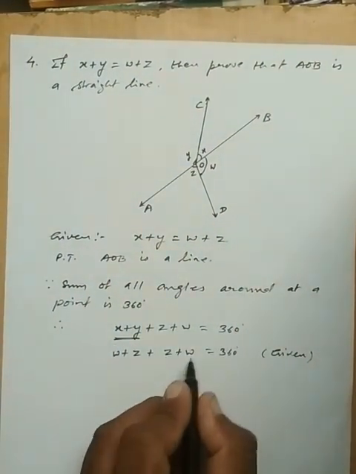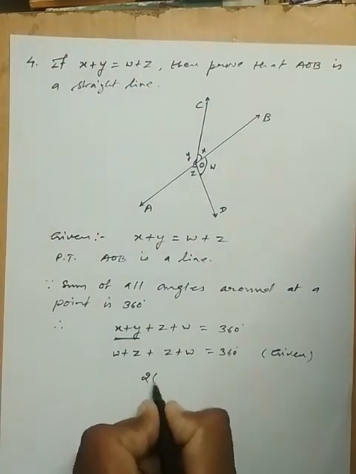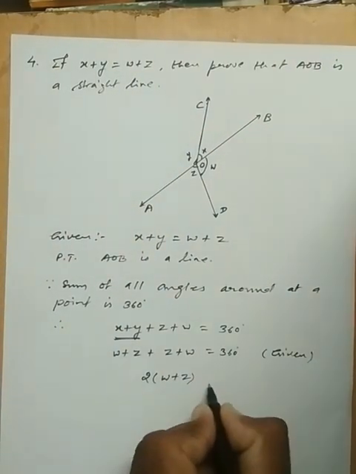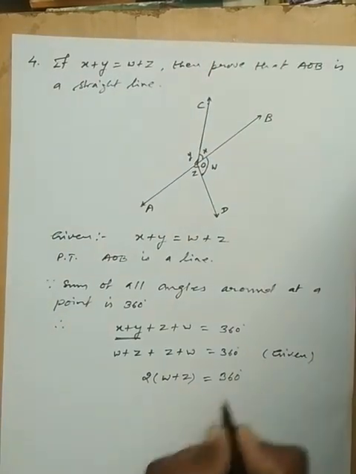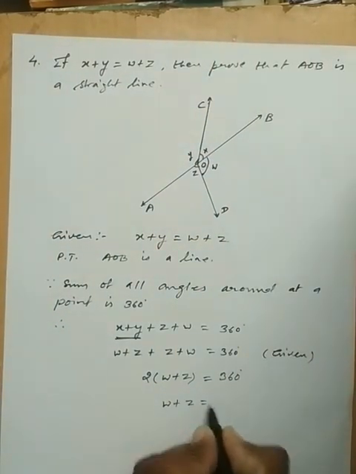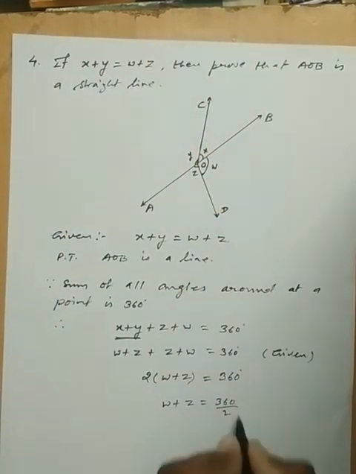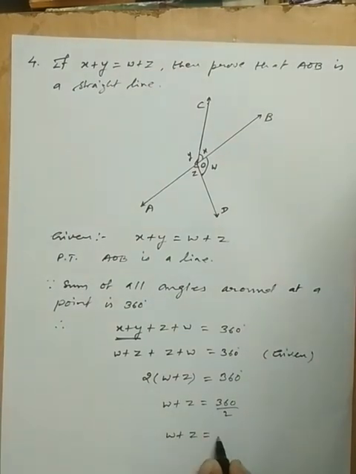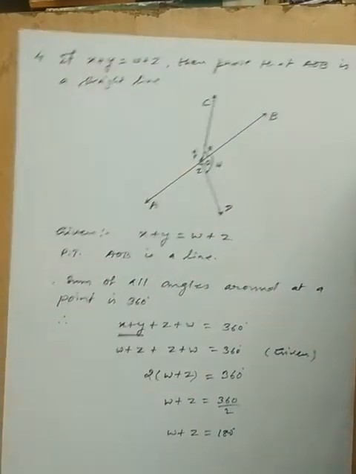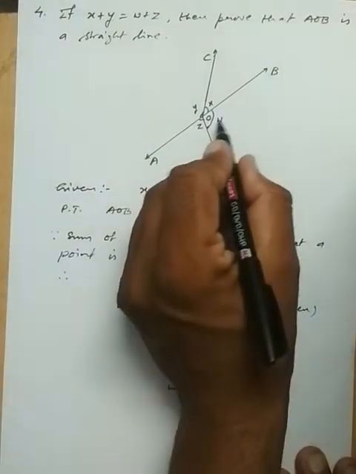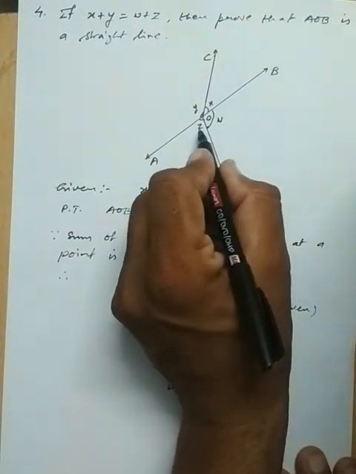Here z is 2 times, w is also 2 times, so twice of w plus z equals 360, and w plus z is 360 by 2, and w plus z is 180 degrees.